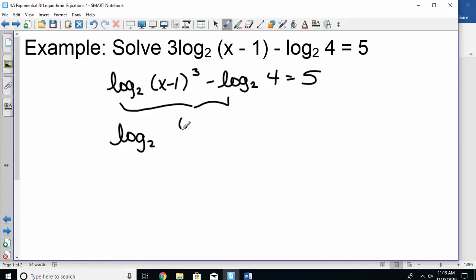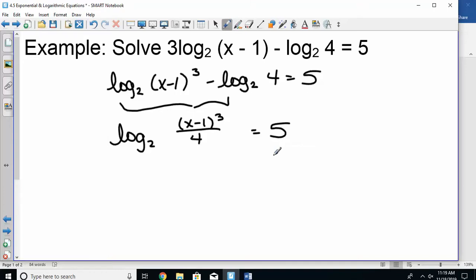Kind of gave that one away. Okay. So we know if we have a log on both sides, we just drop them. But if I have a log on only one side, what do we have to do? Change it to exponential form.